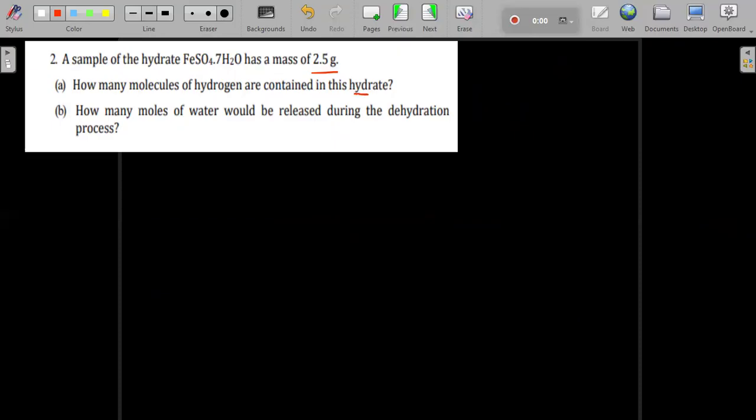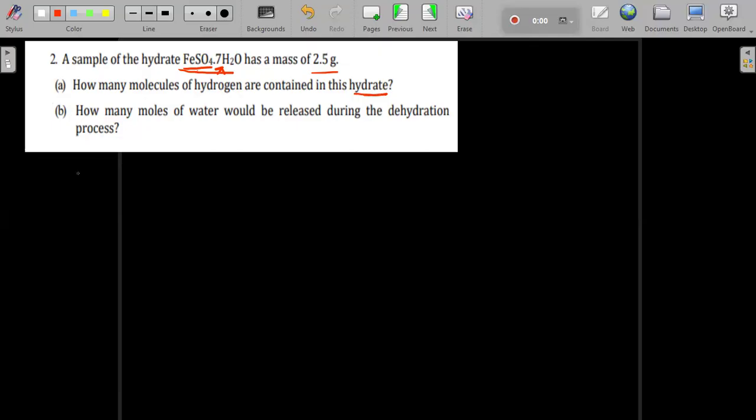So hydrate, guys, simply means a certain compound is combined with water. That's what it means. So here we have this iron sulfate combining with the water there. That's what it simply means to be hydrate. So here they're saying how many molecules of hydrogen are contained in this hydrate here.